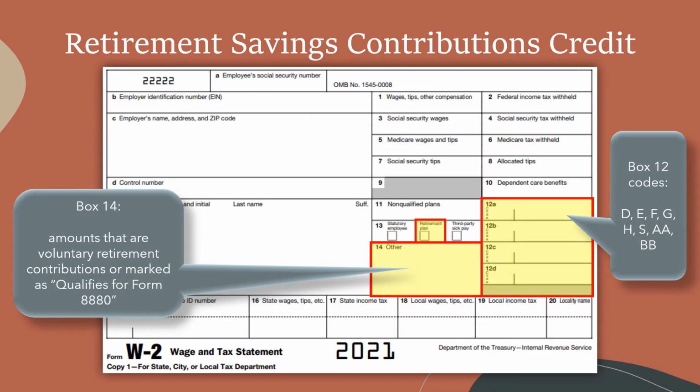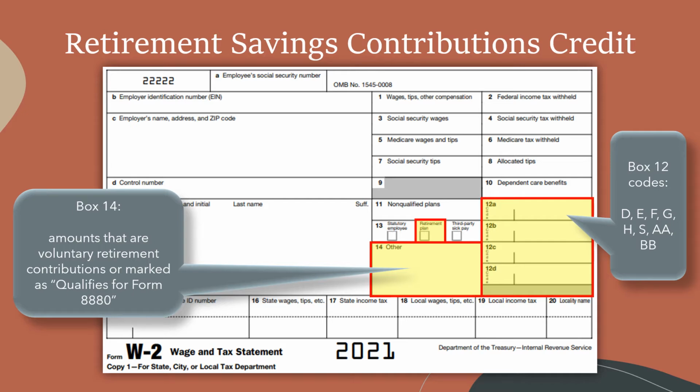Let's look at some places where we can figure out if this person has made qualifying contributions. And the first place we'll start here is the Form W-2. There are a few boxes that can give you clues that this is something we should be asking about.